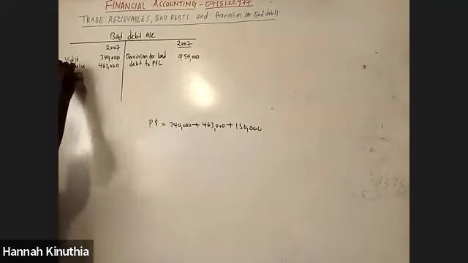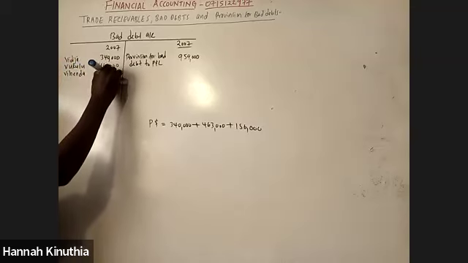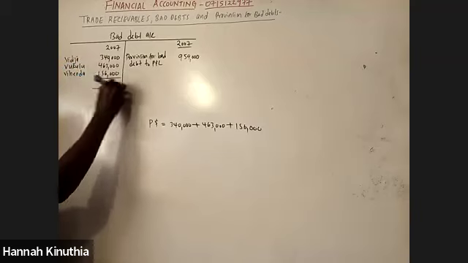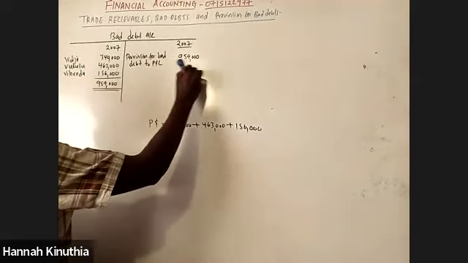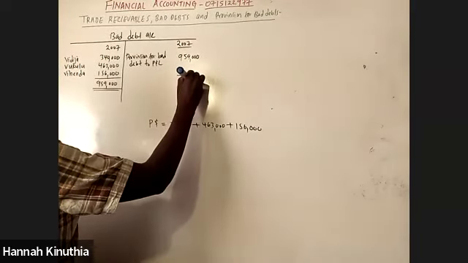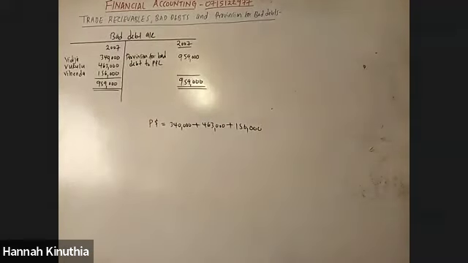Then we have Vihenda, 156,000, so that the account can balance. 959,000 on both sides. Are we okay up to there? So that amount will go to the P&L, 959,000 as an expense. Agree? Agreed.